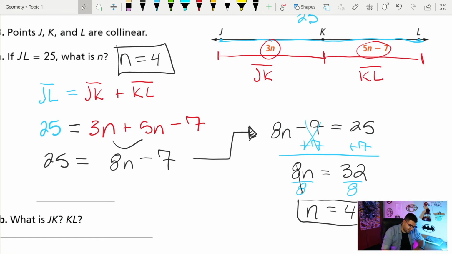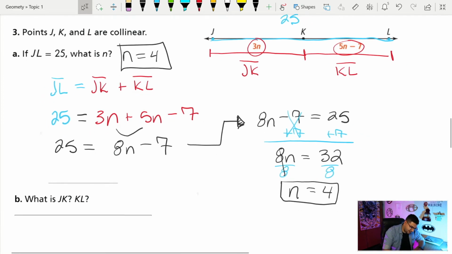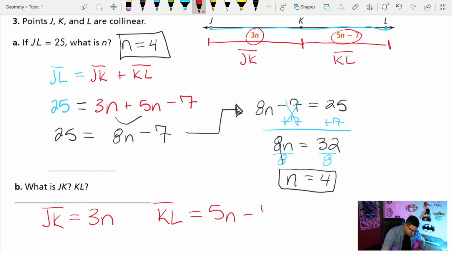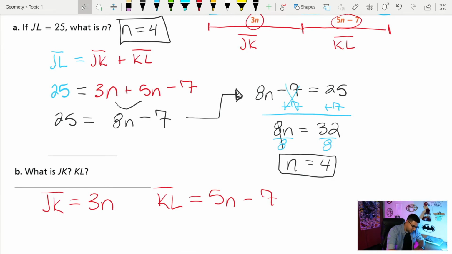So again, referring back to the diagram, I know that JK equals 3n and KL equals 5n minus 7.